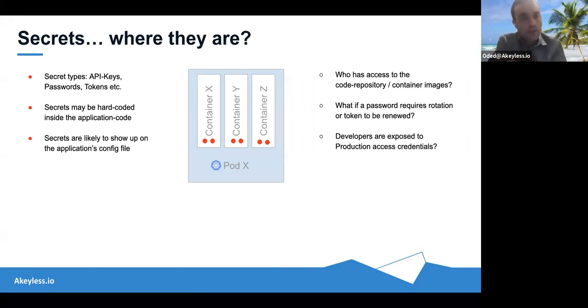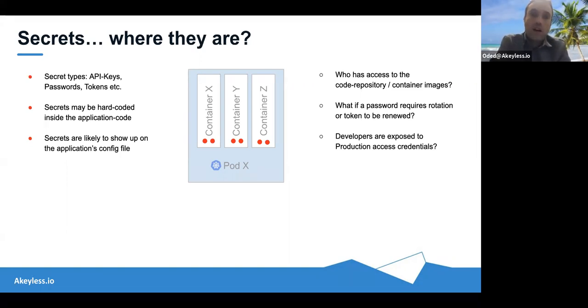For the time being, when we talk about Kubernetes secrets, those are the secrets that would be used within the containers that are running on top of Kubernetes. So we will focus on the machine-to-machine secrets. Now, secrets can be hard-coded within the application code, within the container code itself. They can also be in a configuration file, or inside some environment variable that you're using within the application code.